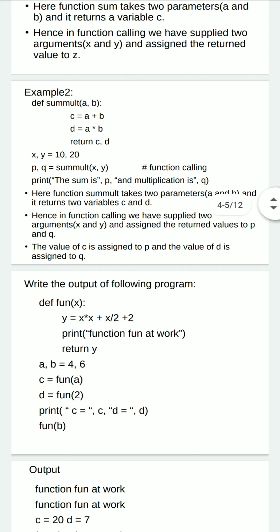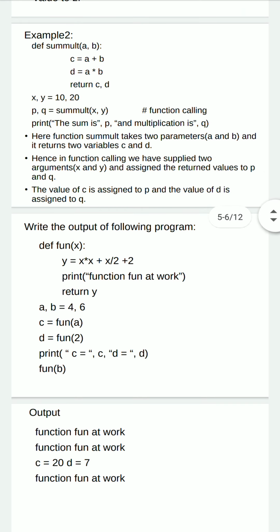In the next example, we are using a print statement and a return statement. The print statement will print the message on the screen and the return statement will return the value to the calling statement. Here we have called the function fun 3 times.